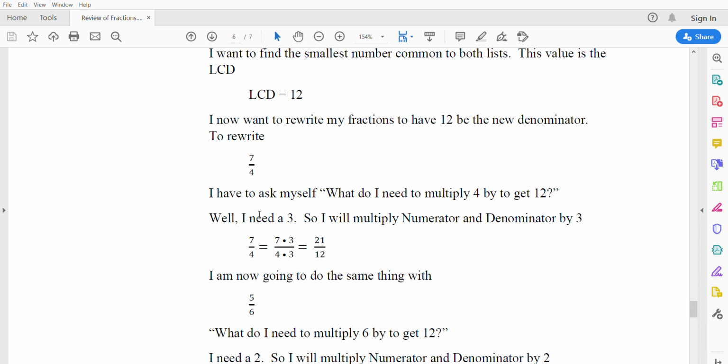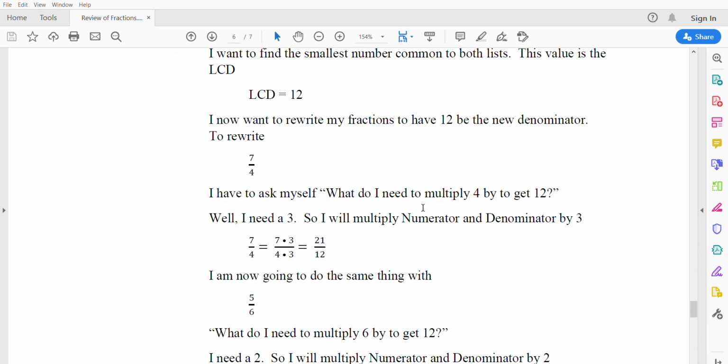Well, in this case, I would need a 3. So, since I need a 3, I'm going to multiply the numerator and the denominator by 3. So, 7 times 3 gives me a 21, and 4 times 3 gives me a 12. That converts 7 over 4 into a fraction with a 12 on the bottom.